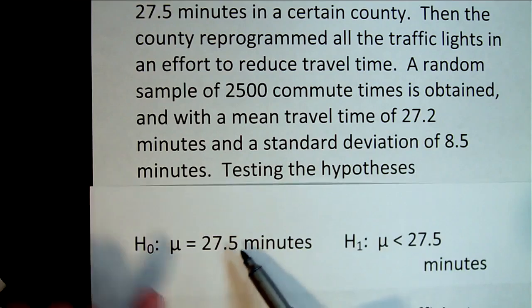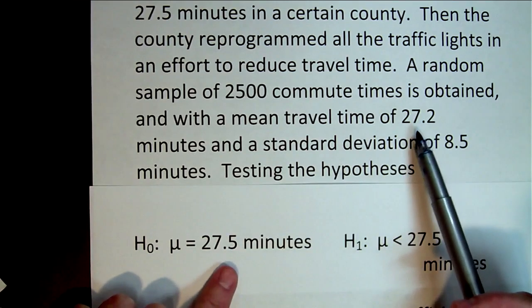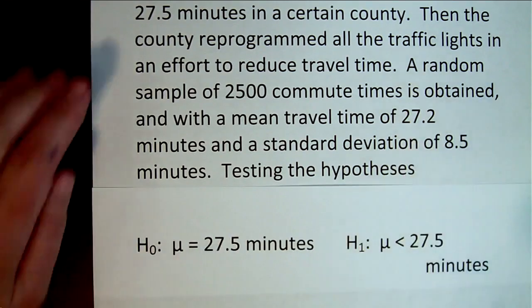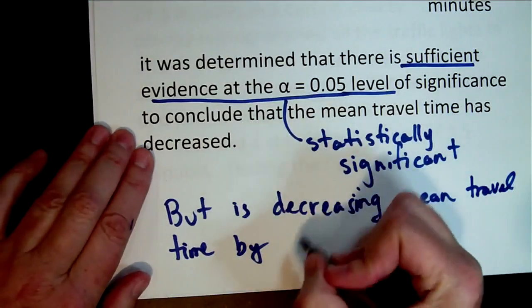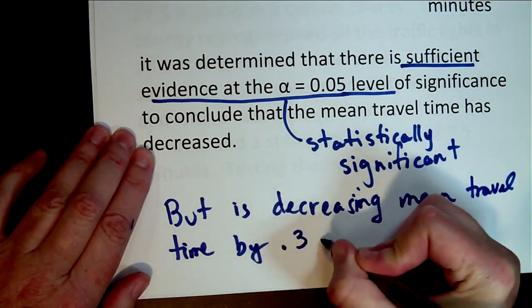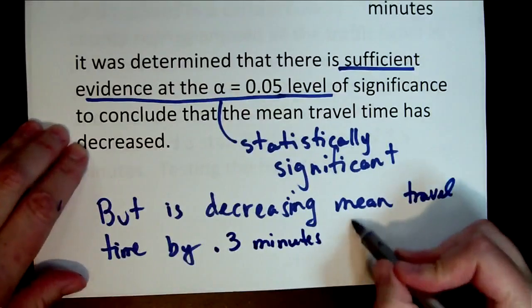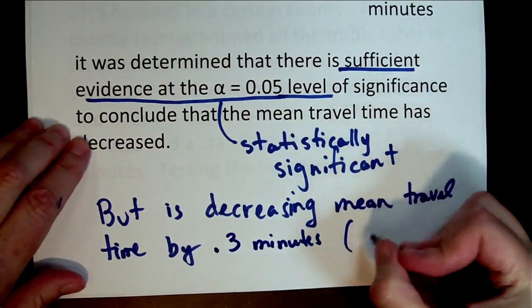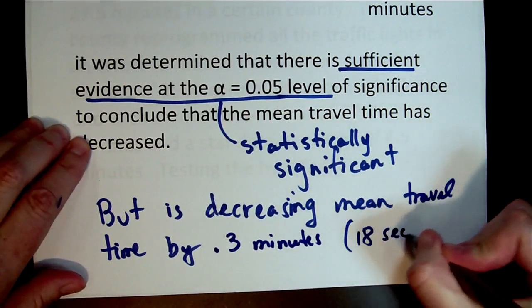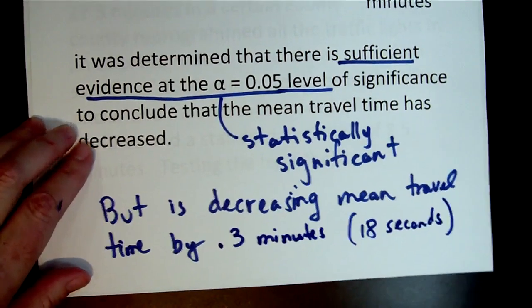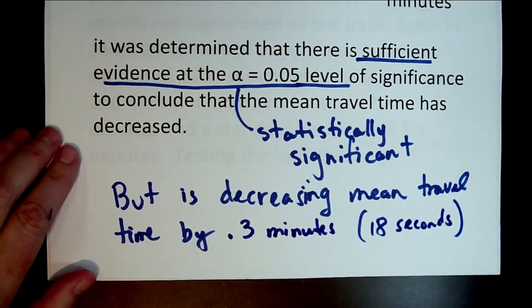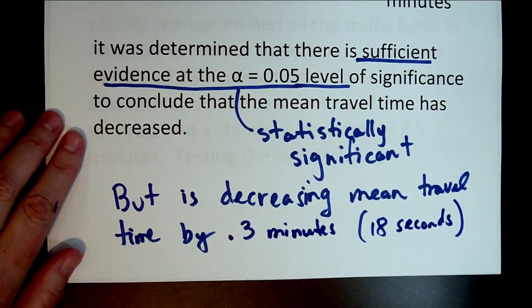So there's a difference between those two numbers of only 0.3 minutes. Let me put that another way: that is 18 seconds. So average travel time was reduced by 18 seconds.